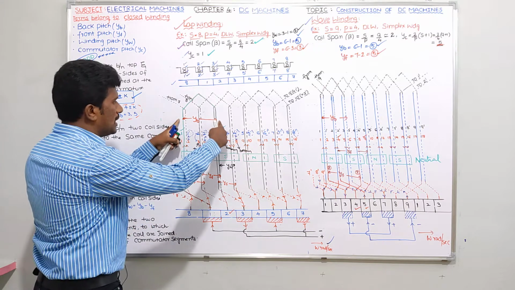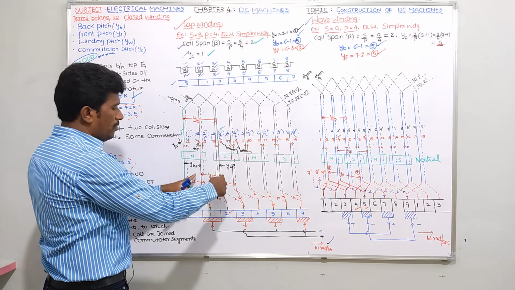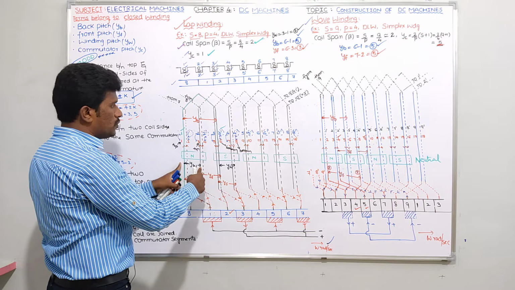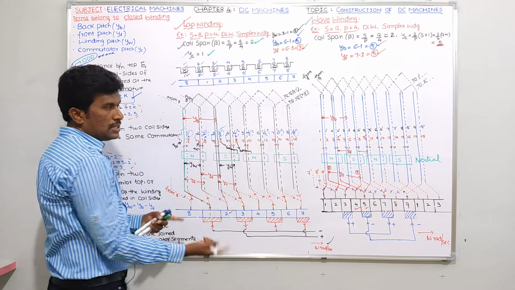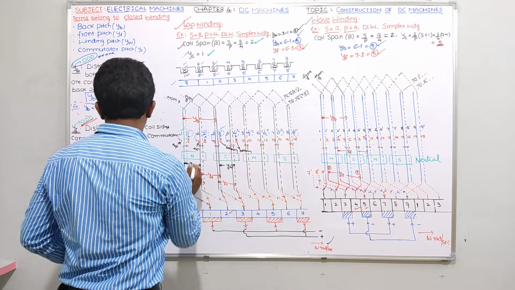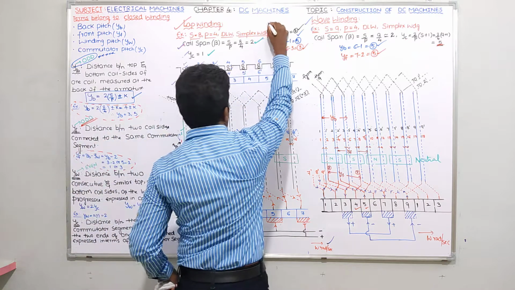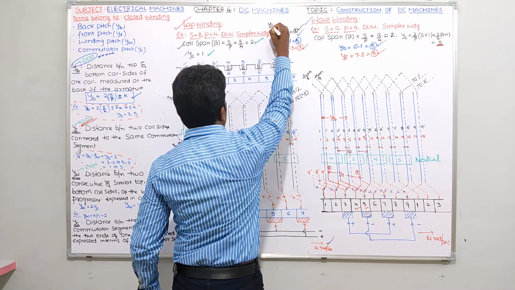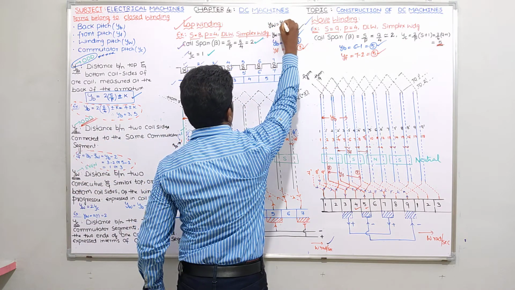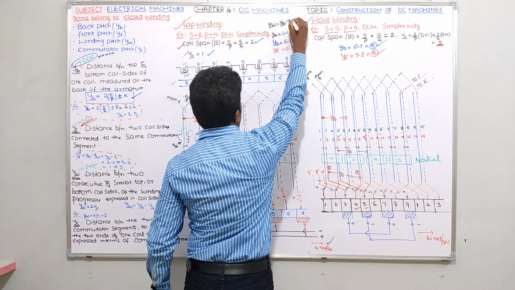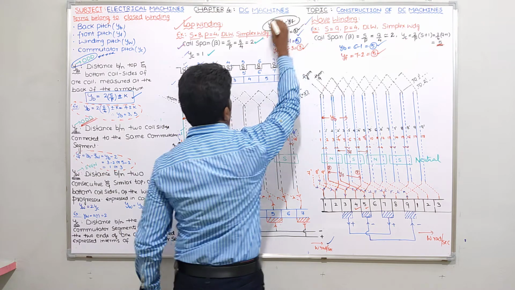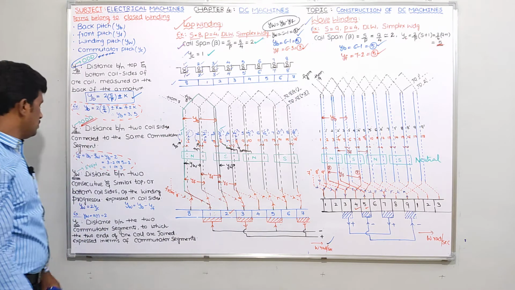This total length I called YB, and from here it is YF. YW is YB minus YF. Simple. So for lap winding, YW equals YB minus YF. This is the definition I can give for winding pitch.